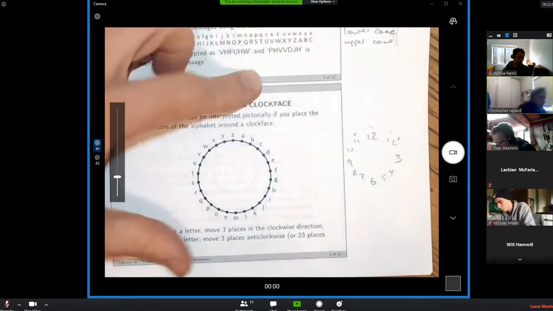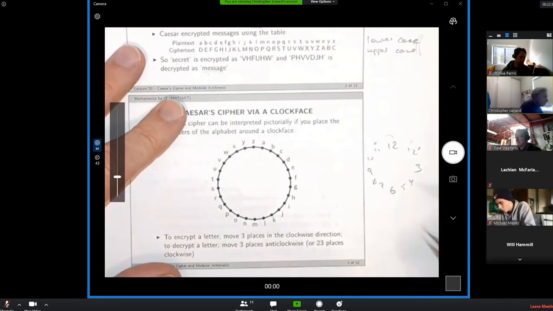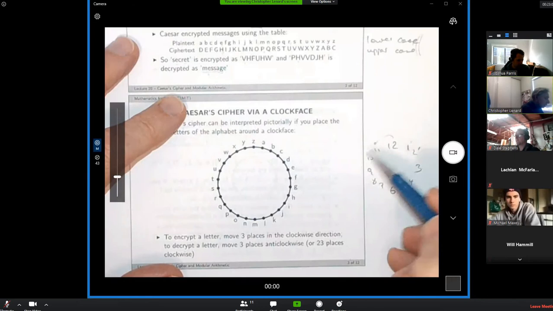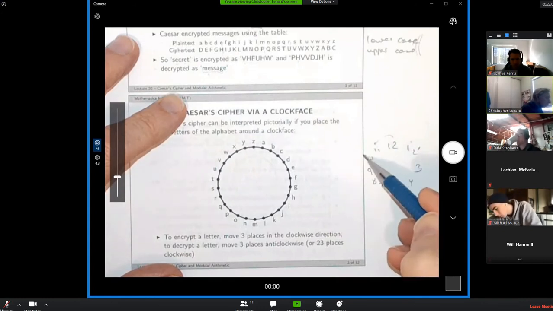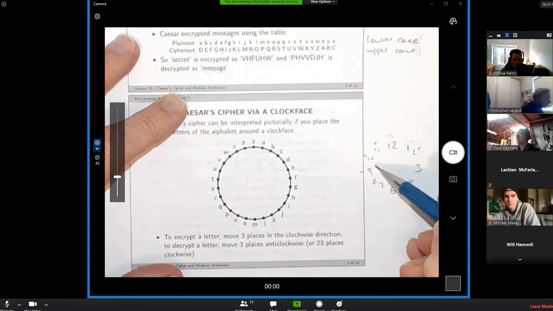And you're absolutely familiar with that from very early on in your lives. If I want to start at 3 o'clock and I want to say, well, what's 5 hours before that? Well, I go backwards, 1, 2, 3, 4, 5, and it's 10 o'clock. If I want to start at 9 o'clock and say, what's 7 hours after 9 o'clock? Well, I count forward 1, 2, 3, 4, 5, 6, 7, and I get to 4 o'clock.